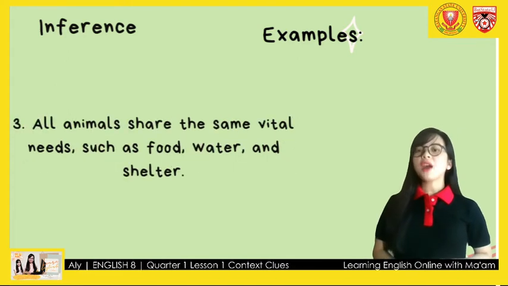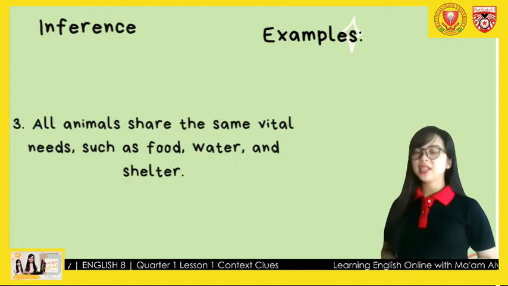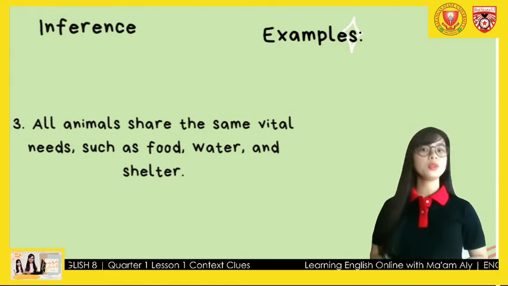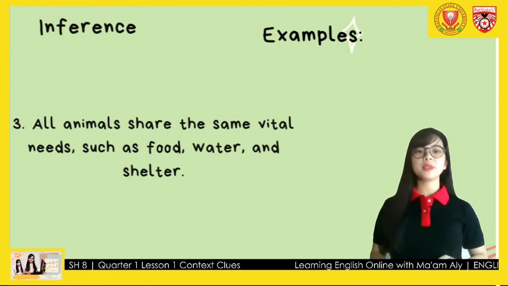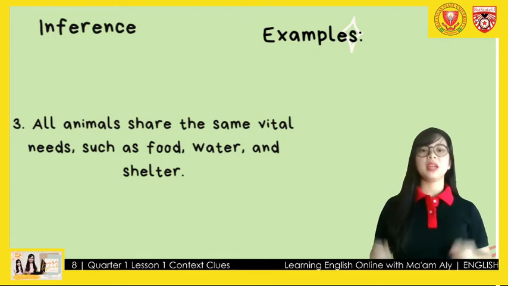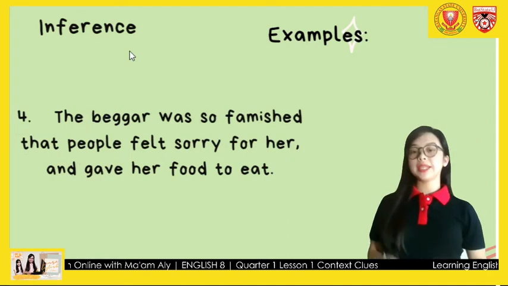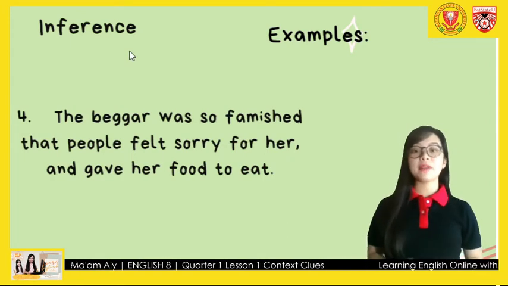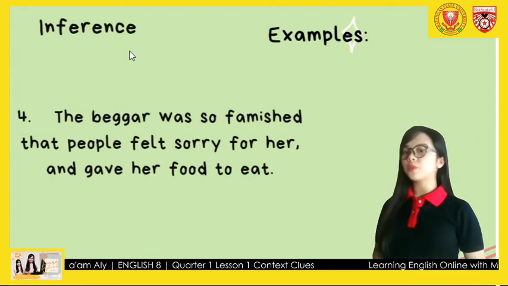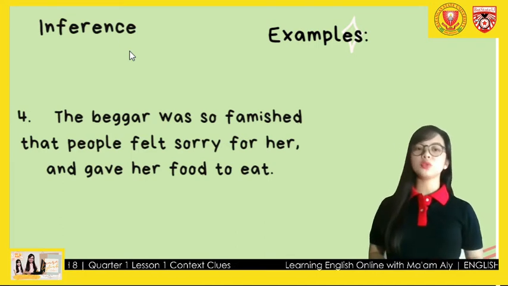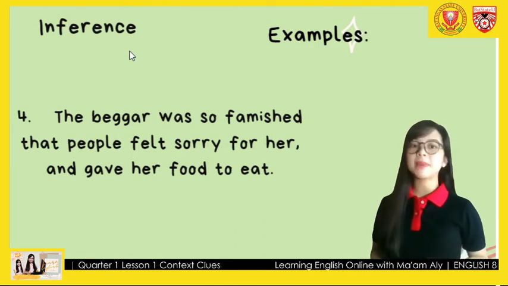Third, all animals share the same vital needs such as food, water, and shelter. We all know that food, water, and shelter are pivotal to make an animal live. That's why we can infer that vital means important. Fourth example, the beggar was so famished that people felt sorry for her and gave her food to eat. The act of one being sorry and helpful to a person means he or she badly needs it.